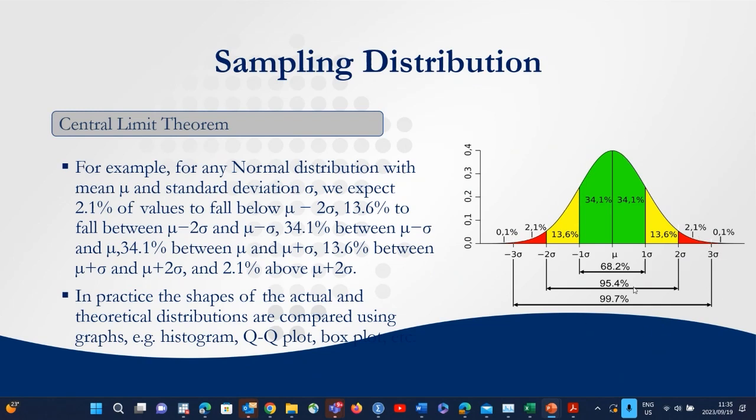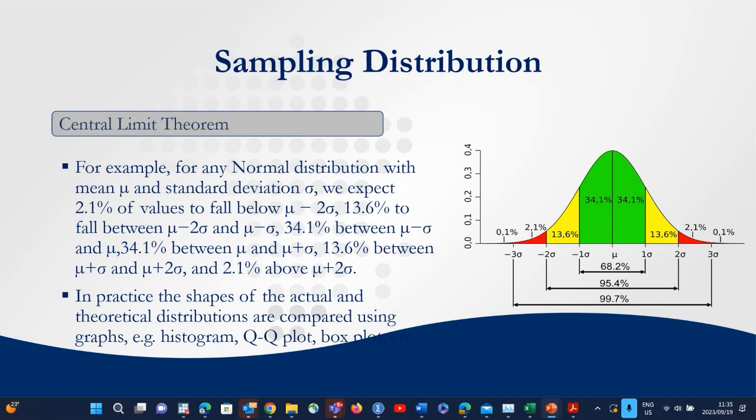And we use these properties. These are used in hypothesis testing because the theoretical properties are used to compute the p-values. We know that if it's symmetric, the two halves will be identical. As such, this red portion here and this red portion will be equal. This and this will also be equal.